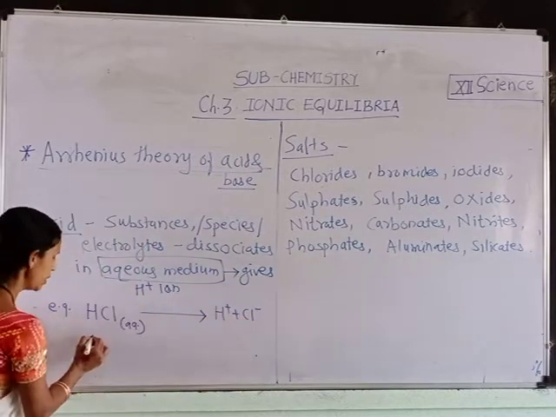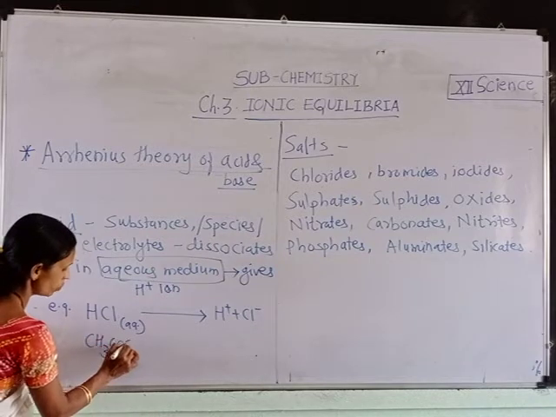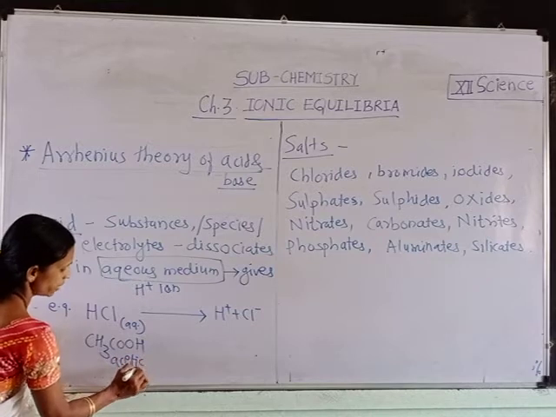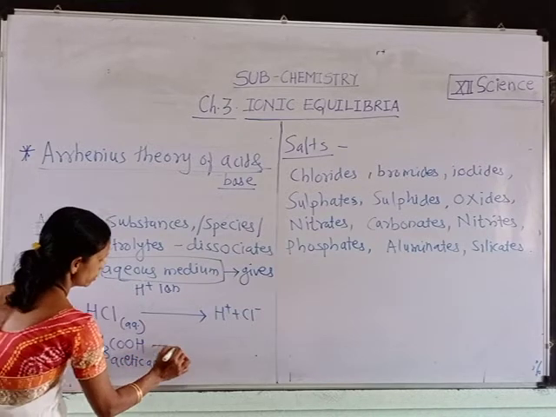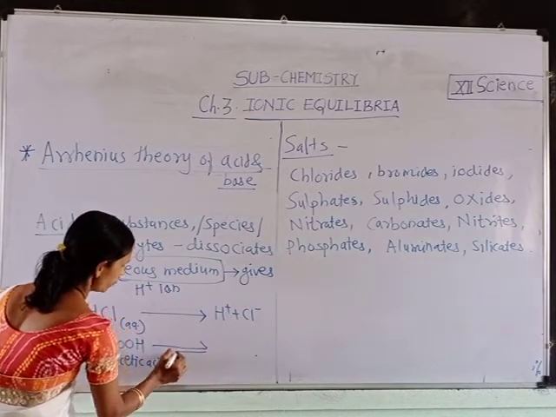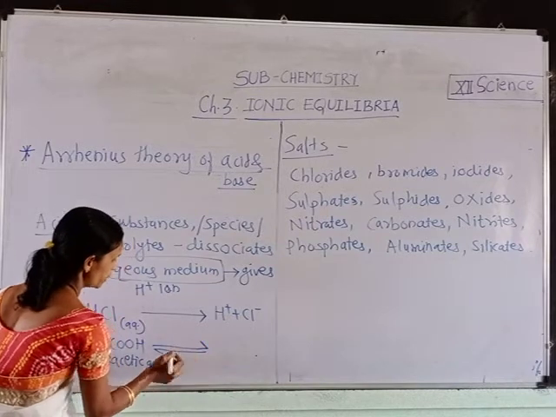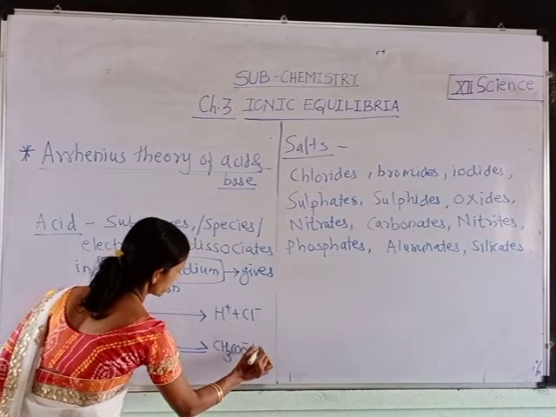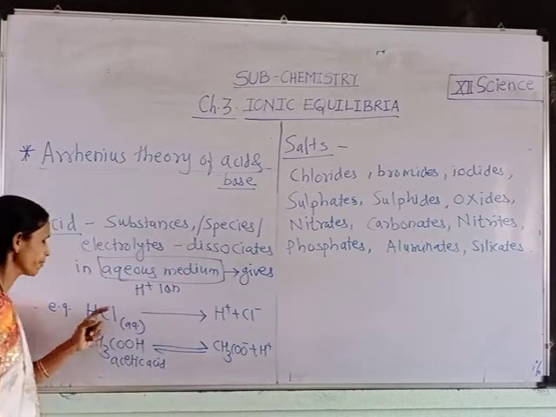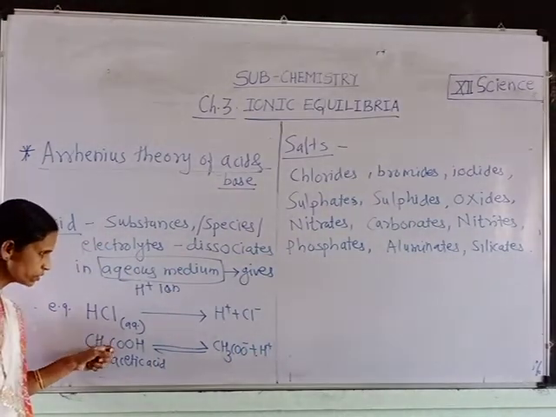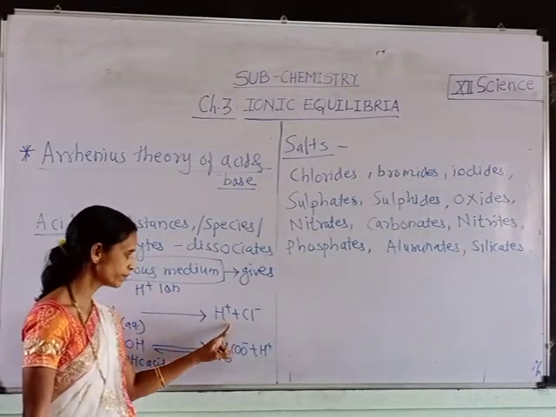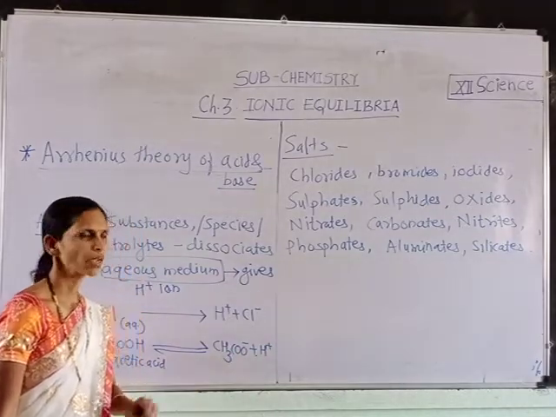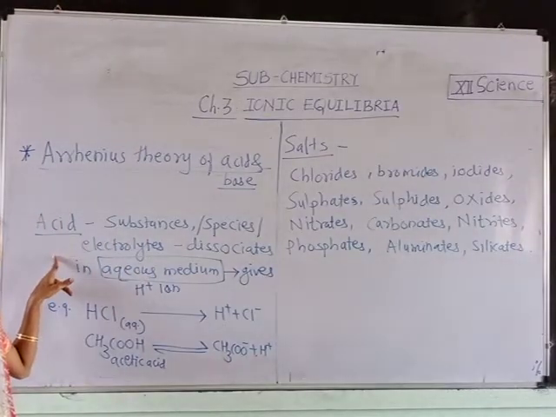Similarly, CH3COOH, that is acetic acid, dissolved in aqueous medium, gives CH3COO- plus H+. That means the substances which dissociate to give H+ ions in aqueous medium are called acids.